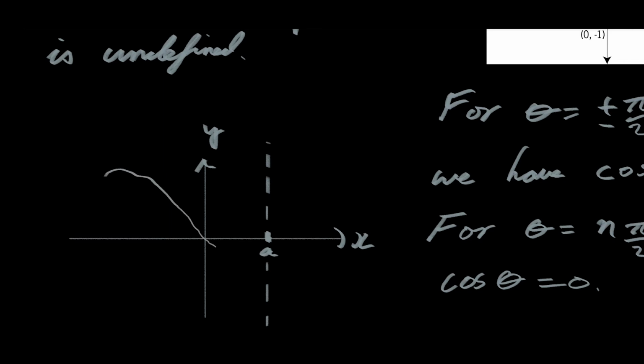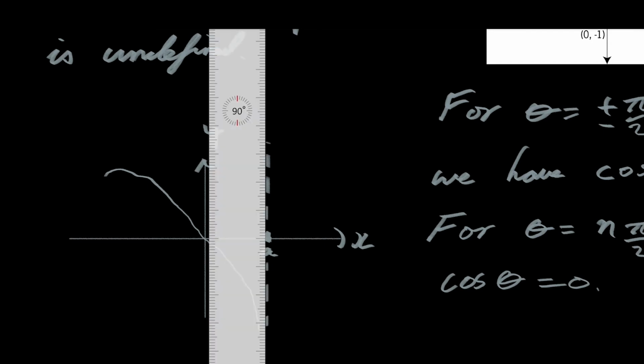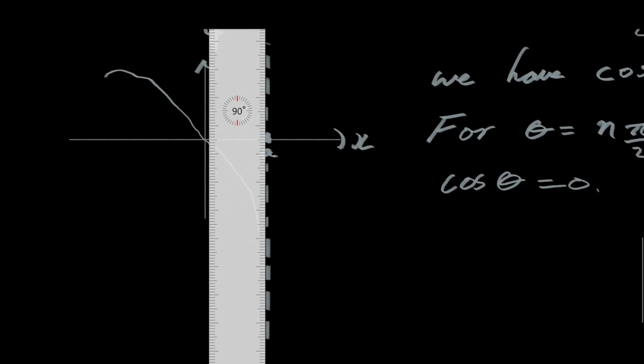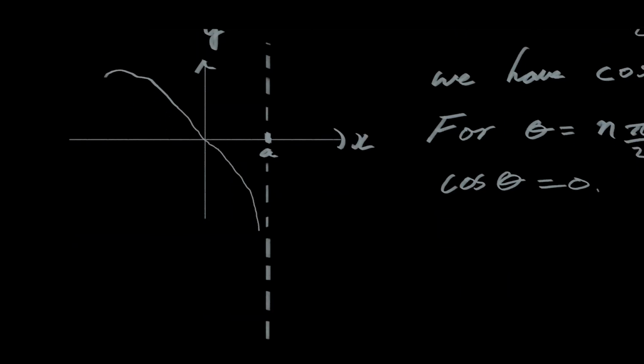Then it's going to forever get closer and closer to the asymptote, but never actually cross it, because the asymptote continues forever. The function is never defined there. It just keeps approaching it, but never touches it.